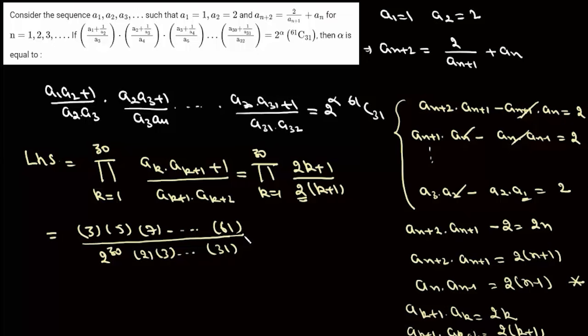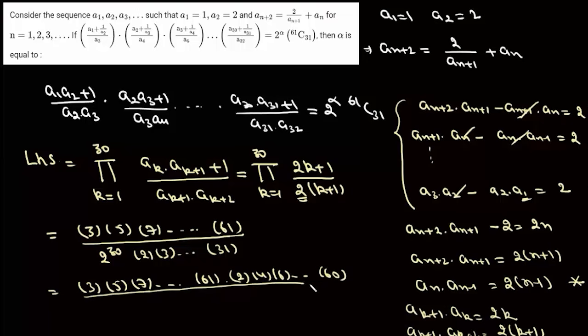Now since we need 61C31, what we'll do is we'll multiply numerator and denominator with the missing numbers. So we'll multiply 2, 4, 6 up to 60, and in the denominator will be 2 to the power 30.